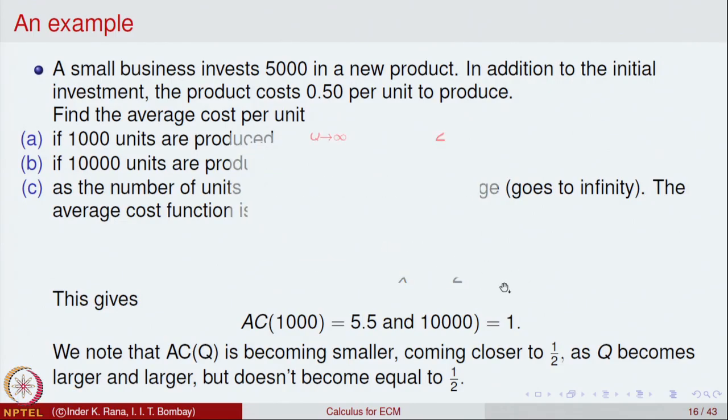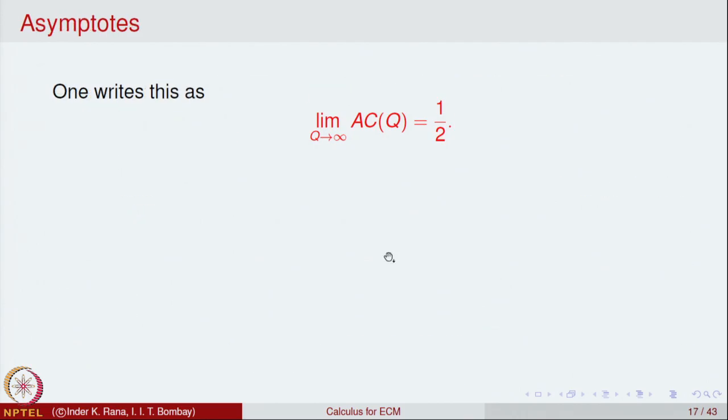This is written mathematically as the limit of the average cost of producing q units as q becomes infinity is equal to 1 by 2. This is only a symbolic way of writing that as q becomes very, very large, the value of the average cost function comes closer and closer to the value 1 by 2.